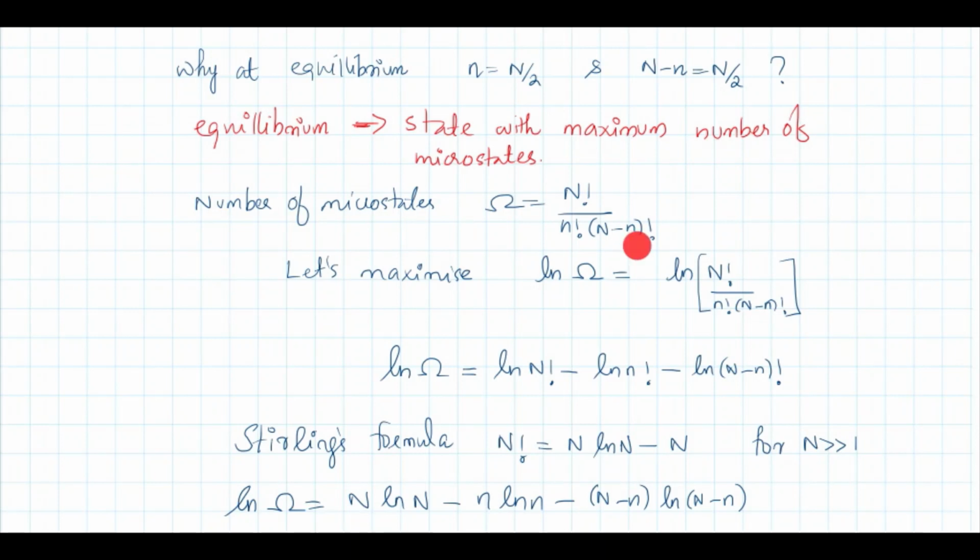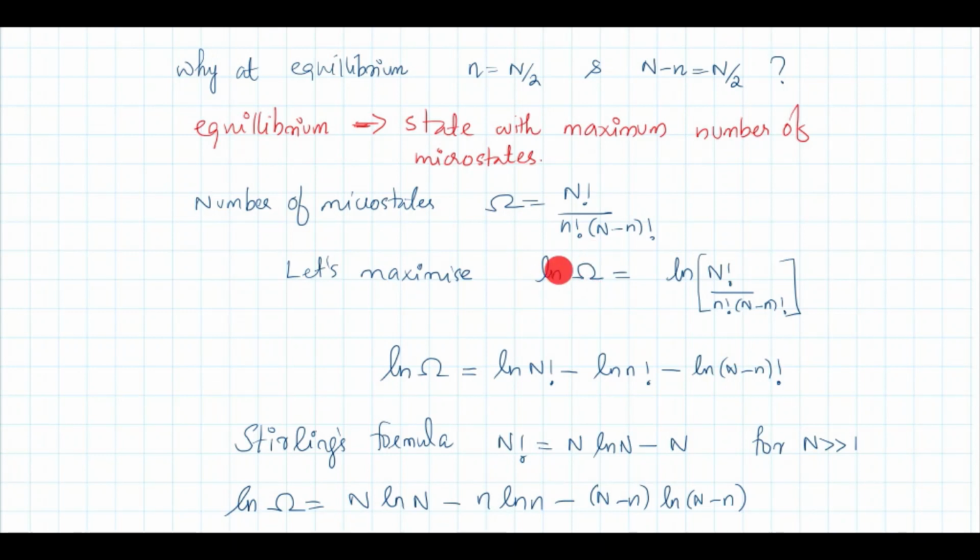Small n is the number of monomers with length A. Capital N minus n is the number of monomers with length 2A. The total possibilities for arranging this is given by capital N factorial divided by small n factorial into (N minus n) factorial. This is a standard result in statistical mechanics. Now in order to maximize omega, it is easy to maximize log omega.